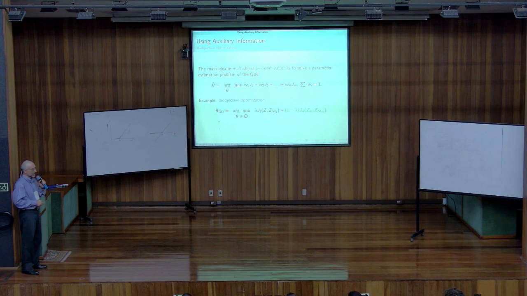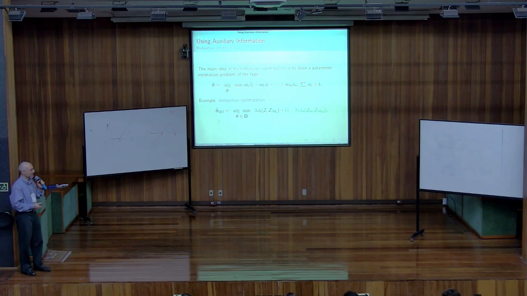This cost function has to do with dynamical data, Z is here, and I want to find theta in such a way that the distance between the model one step ahead predictor is as small as possible, or as close as possible to the dynamical data. So this term is in charge of that. The other objective has to do with steady-state data. That was my choice.